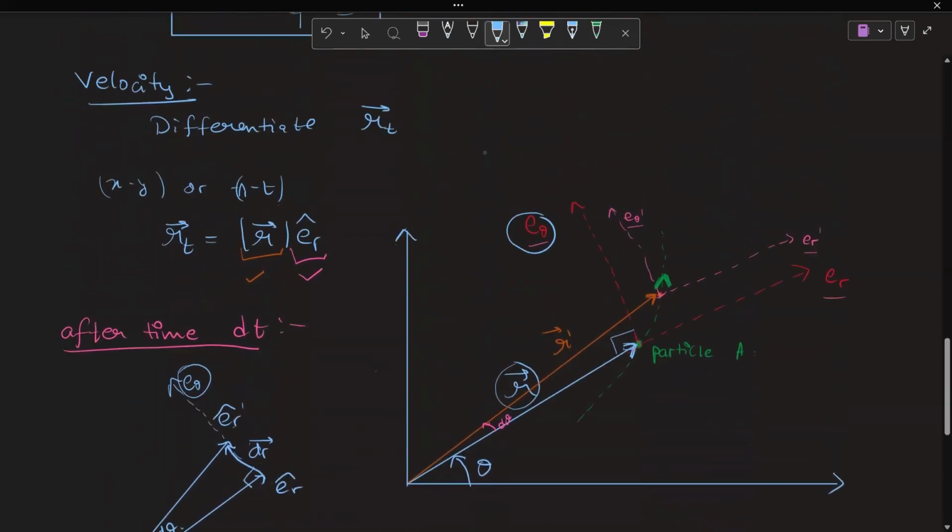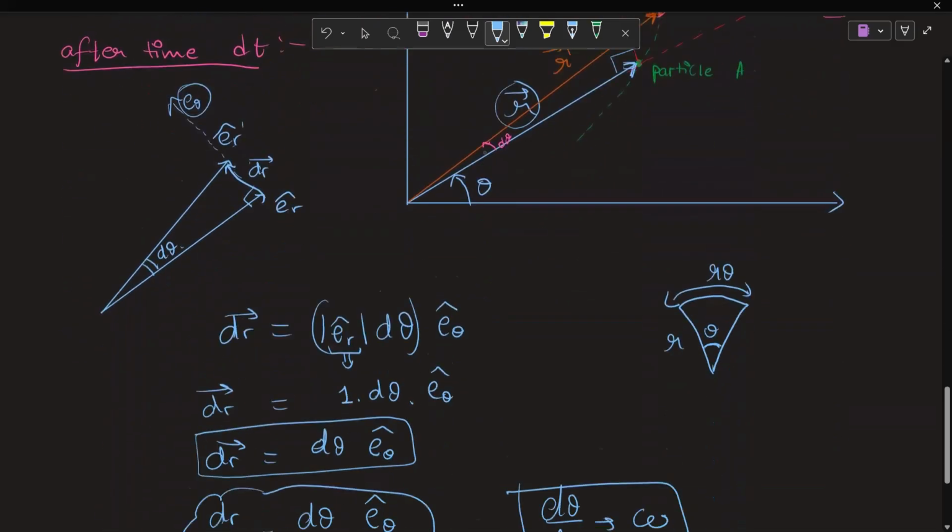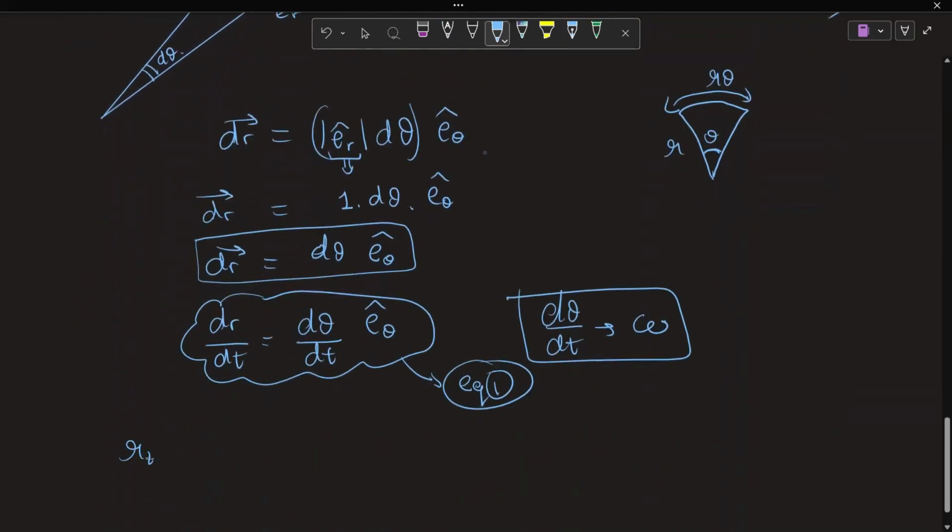And we have to differentiate r at any time t to get the velocity. r at any time t is equal to the magnitude of r into er cap.